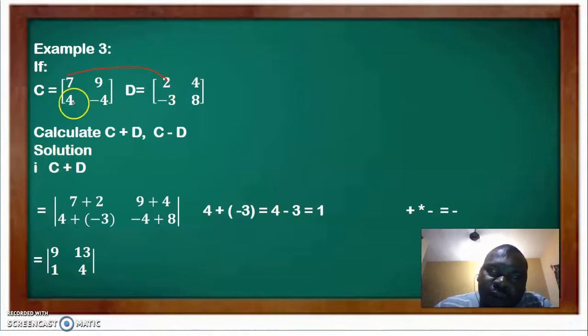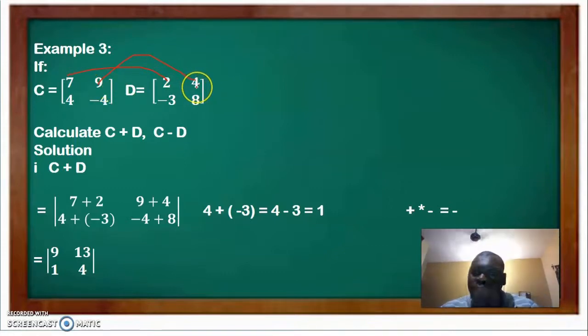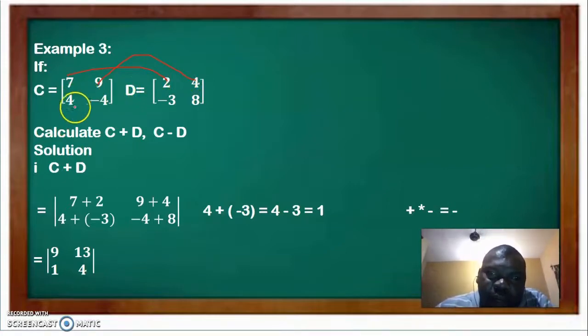Then 9 plus 4, because 9 is on row 1 column 2 of C and 4 is also on row 1 column 2 of D. So that's how we do it. Then 4 plus minus 3, then minus 4 plus 8.